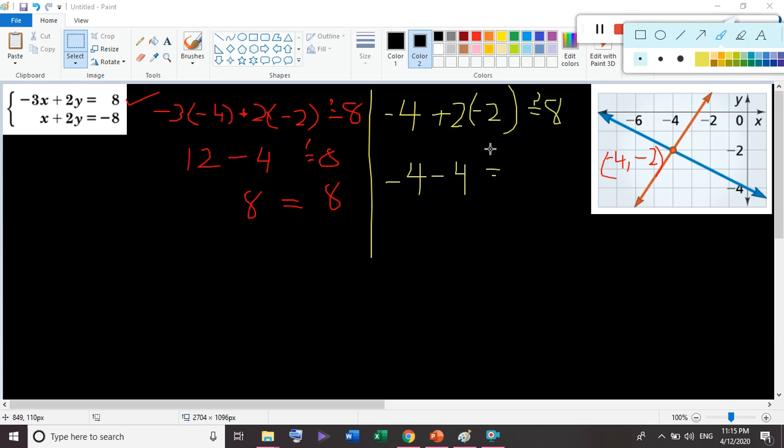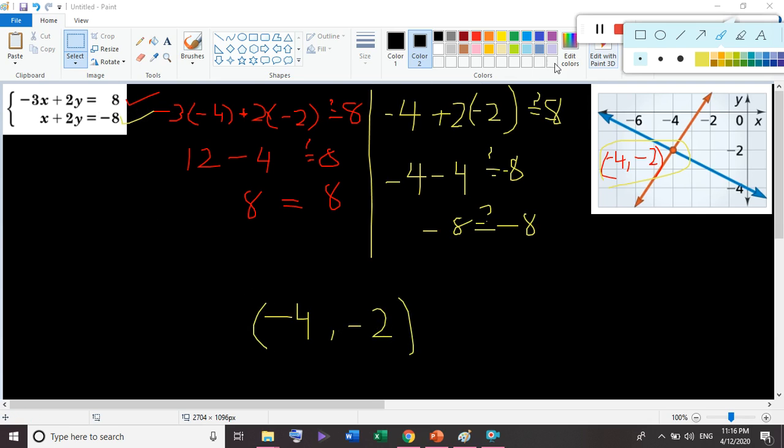Is it equal to -8? -4 plus -4 equals -8, sorry, which is equal to -8. So the second equation is also true. That means the system is true, which also means that (-4, -2) is the solution for this system. Let me just write it here again: (-4, -2) is the solution for this system.